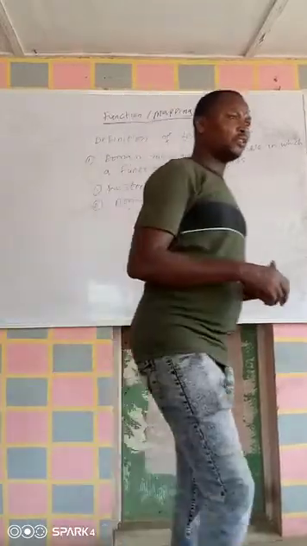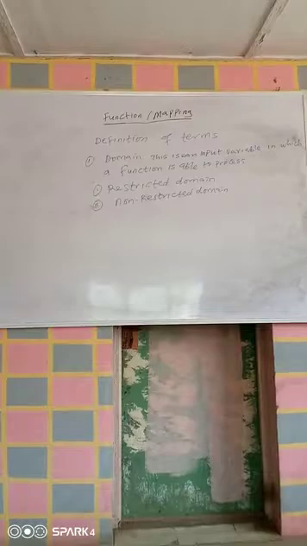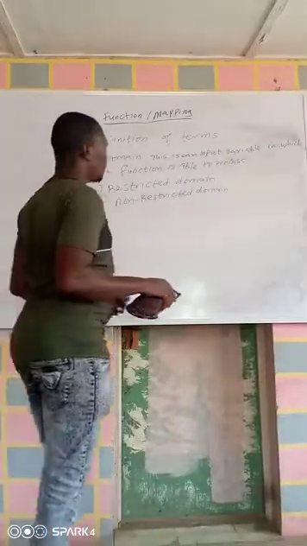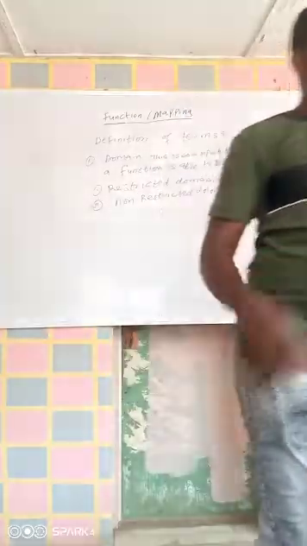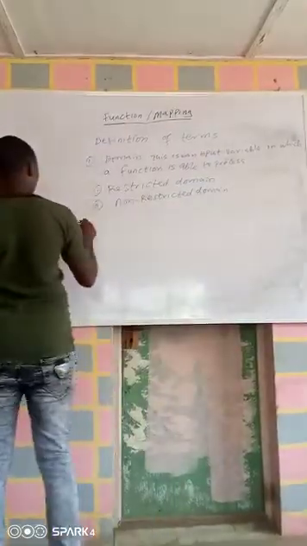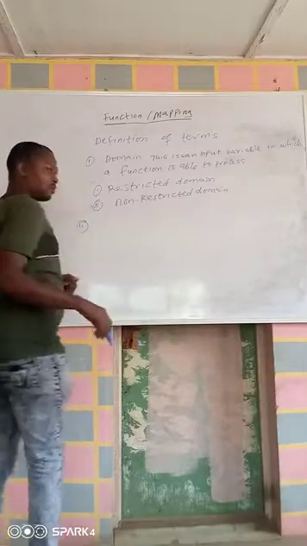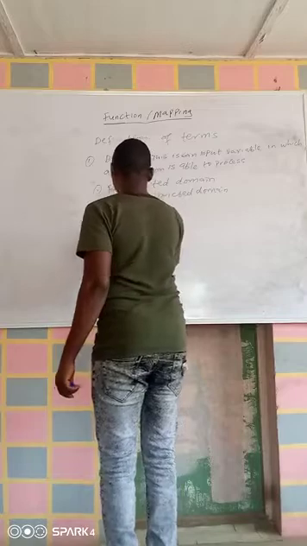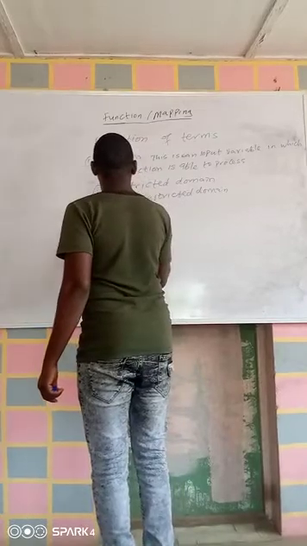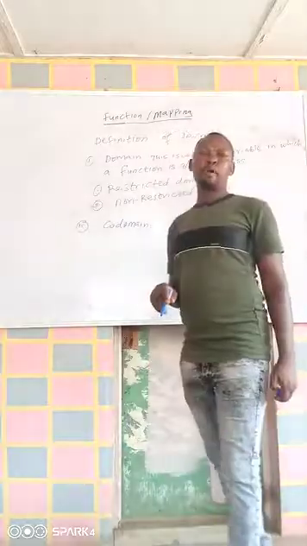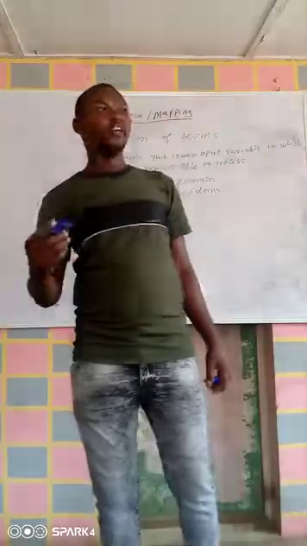In this wise, we take another definition of terms. The second one is the codomain. A codomain is the superset of the range.